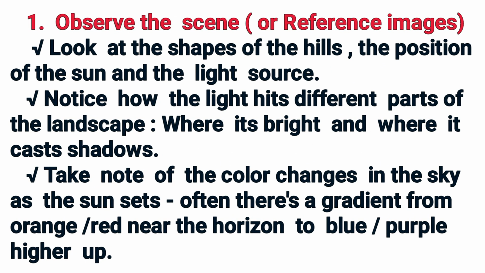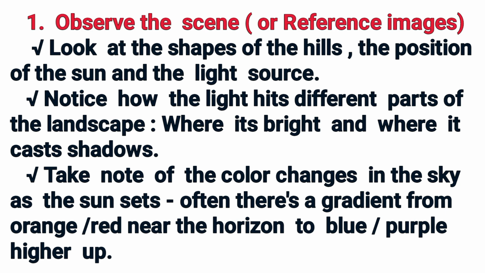The first step is telling us that you have to observe the scene, that is, reference images. Here we are being guided to do what? First, look at the shapes of the hills, the position of the sun, and the light source. Second, notice how the light hits different parts of the landscape, where it's bright and where it casts shadow.